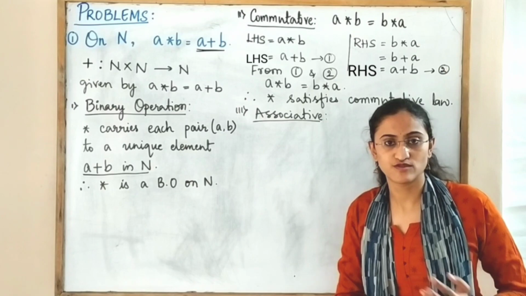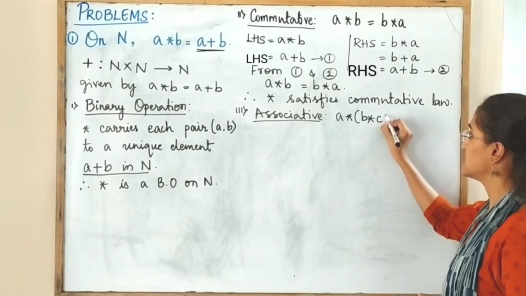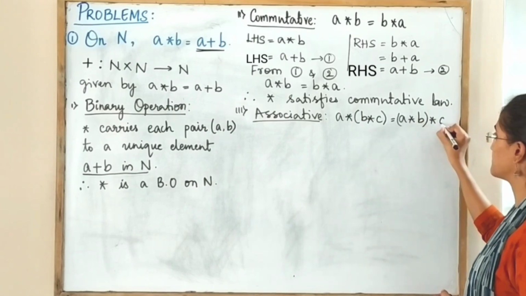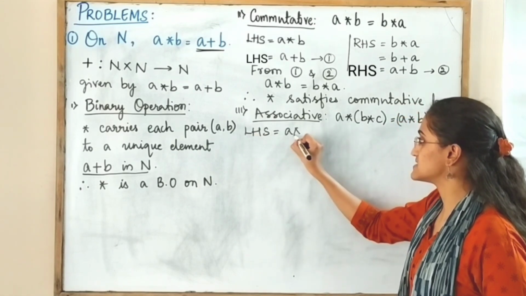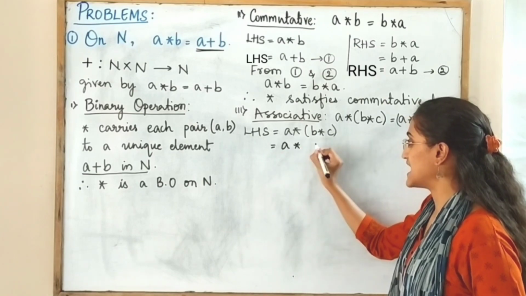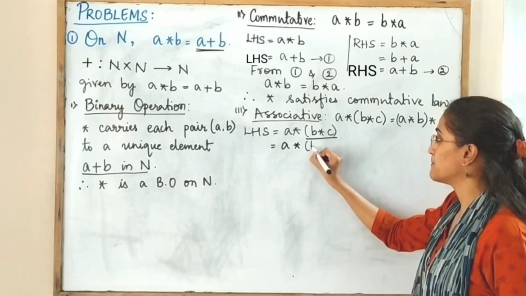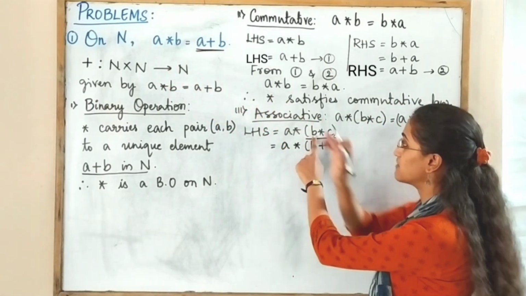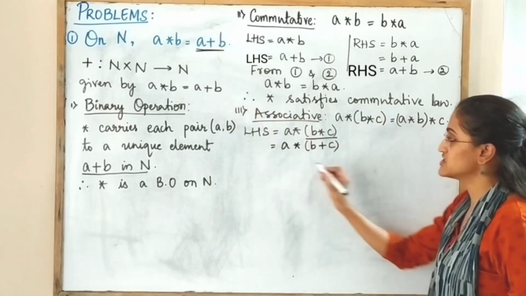Now moving on to the third one, that is the associative one. According to the rule of associative, we have A star (B star C) should be equal to (A star B) star C. Now again starting with the LHS, that is A star (B star C). A star, keeping it as it is, and applying B star C, the operation, we get B plus C. In the place of A, you are having B. In the place of B, you are having C, and hence applying the operation.